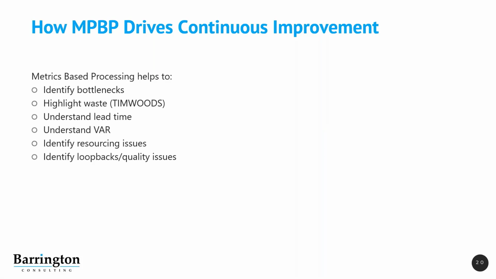As we saw in that previous example, we saw a 12-day lag time at the very front, so that could be a bottleneck. We saw that can also highlight the waste, right? If we think back to Tim Woods from the Lean Six Sigma methodology, anytime we see a big lead time in between steps, that waiting time, that usually indicates that there is an inventory buildup.